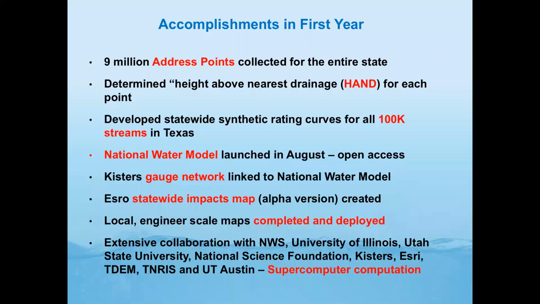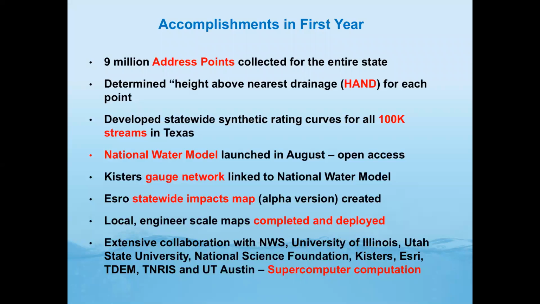It's supposed to be ESRI statewide impacts map, not ESRO. No new people here. What TxDOT is starting to do is put sensors, flood gauges, inexpensive ones, not like the USGS gauges, on interstate bridges. And there's projects underway to do this and add to the observation network that we can bring to bear on this.